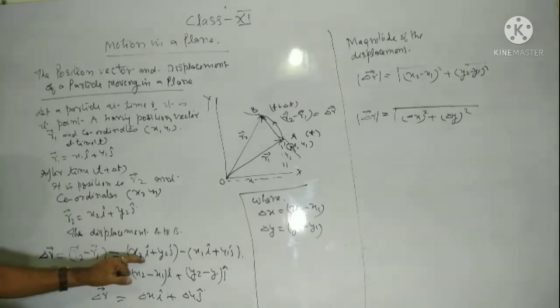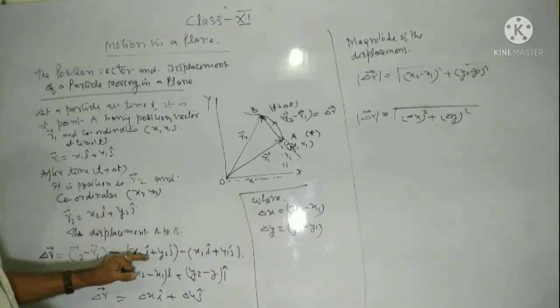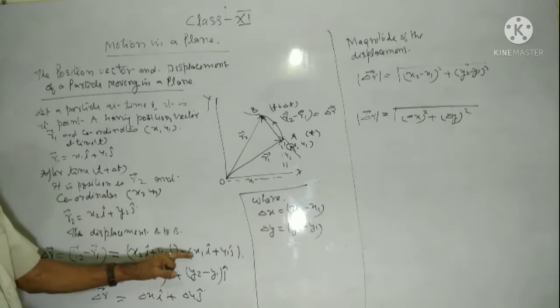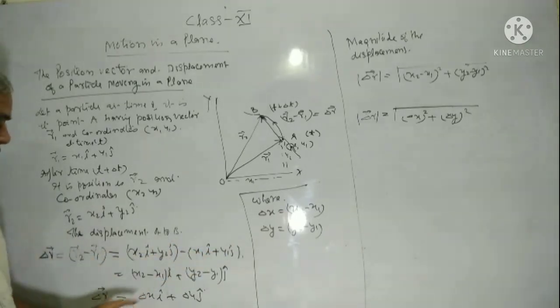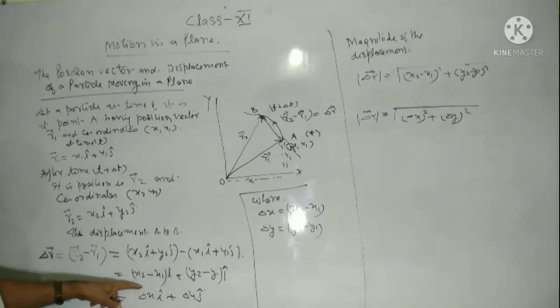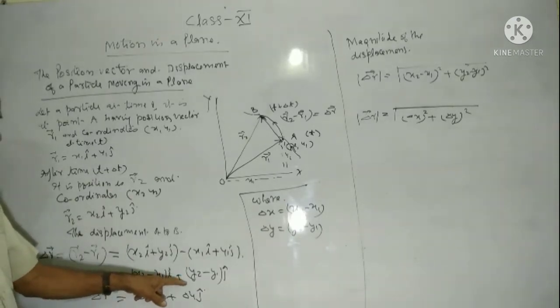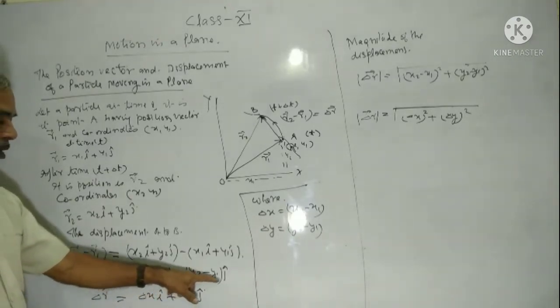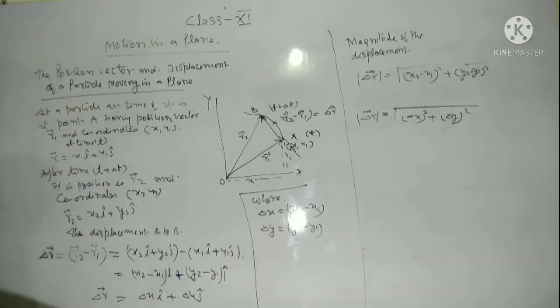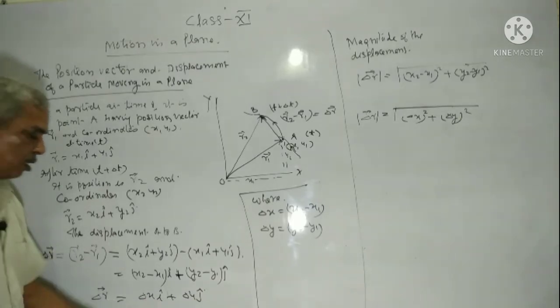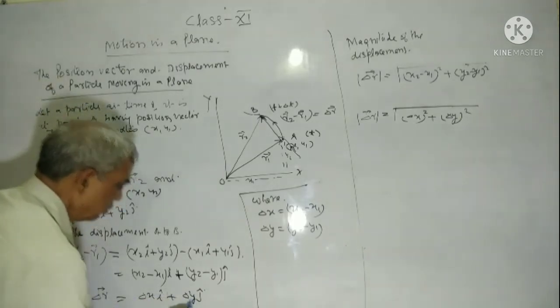So x2 i cap plus y2 j cap minus x1 i cap plus y1 j cap. This becomes x2 minus x1 i cap plus y2 minus y1 j cap. Or we can write delta x i cap plus delta y j cap.